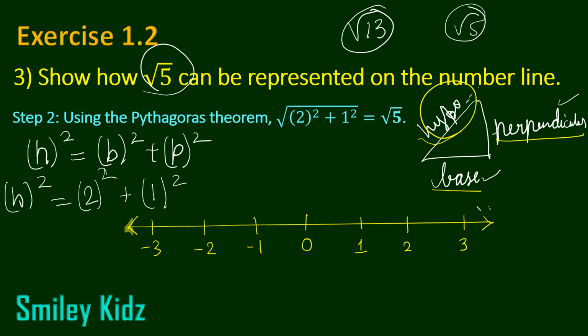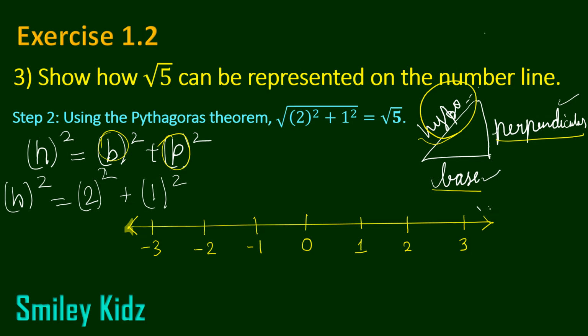So now we are going to take fewer values in order to get root 5. So now I have considered base as 2 and height or perpendicular as 1. So now h square is equal to, h is nothing but hypotenuse.